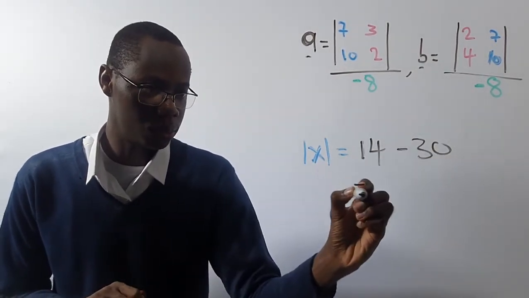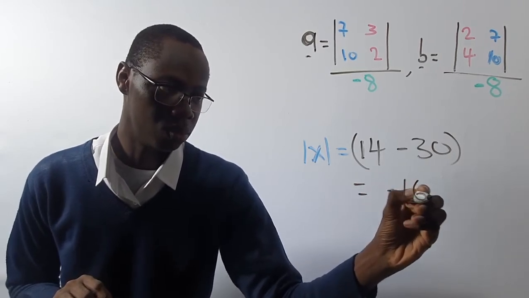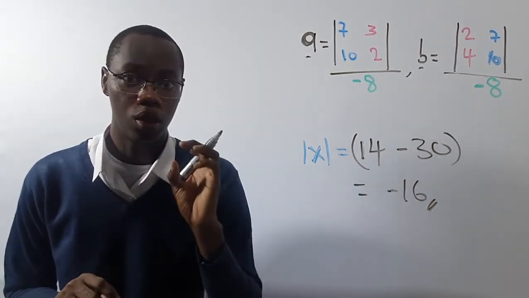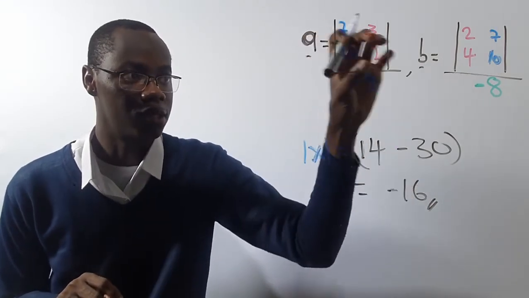So 14 minus 30 is minus 16. Make sure you watch the signs though. So I can now replace this matrix with minus 16.